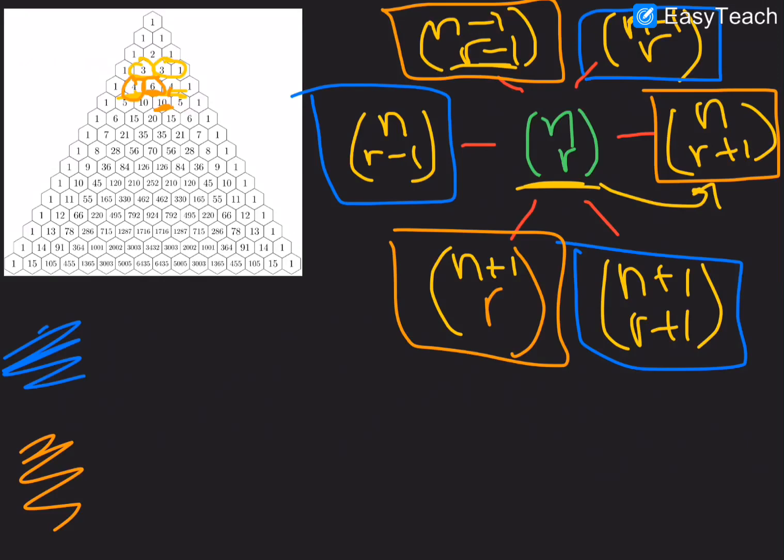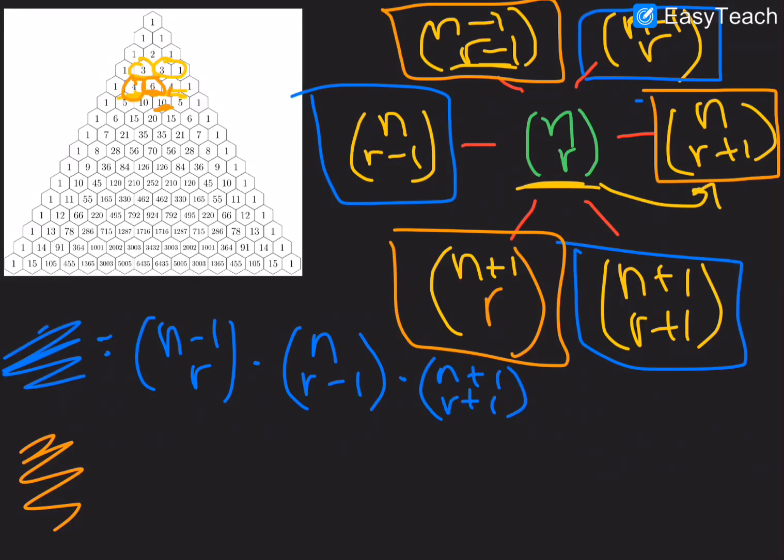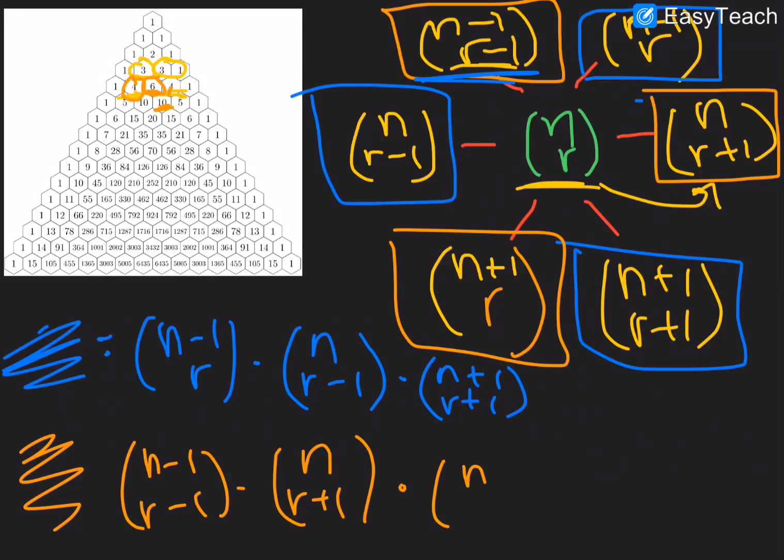So in the blue group, we have n minus 1 choose r times n choose r minus 1 times n plus 1 choose r plus 1. And then we have the orange group with n minus 1 choose r minus 1 times n choose r plus 1 times n plus 1 choose r.